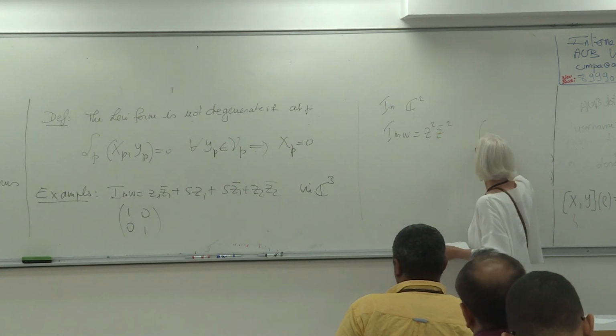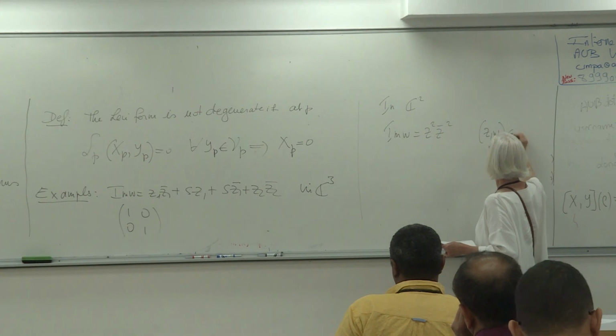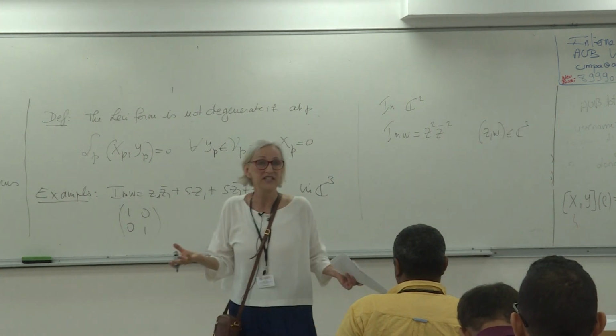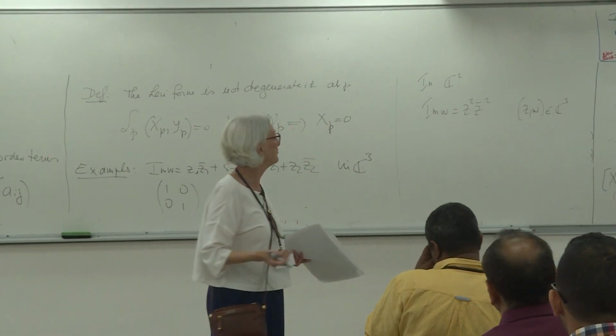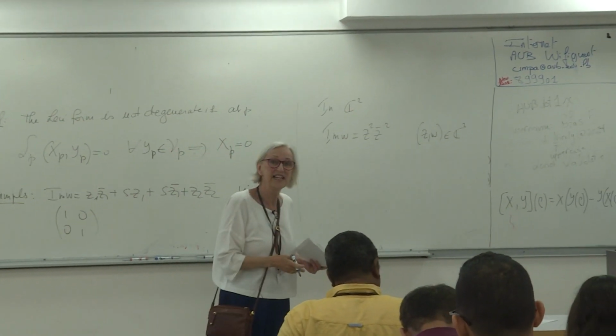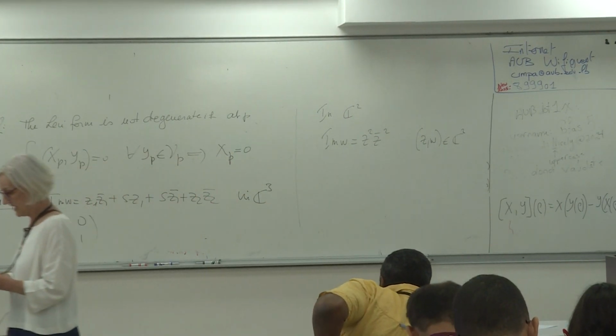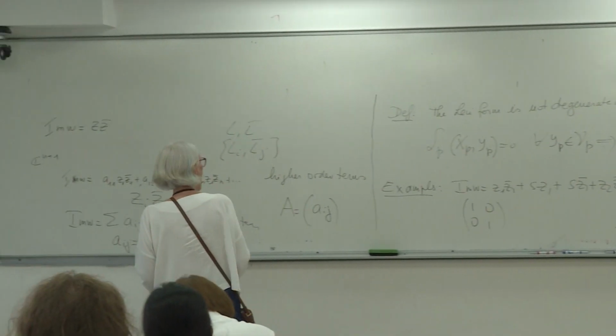What's going to be? It's Levi degenerate, because if you compute it, there is nothing at 0. Okay?